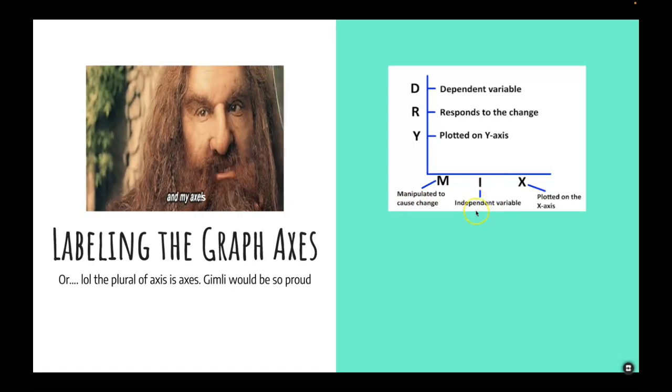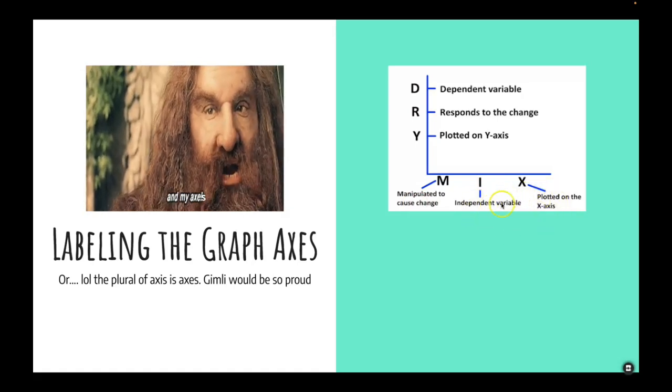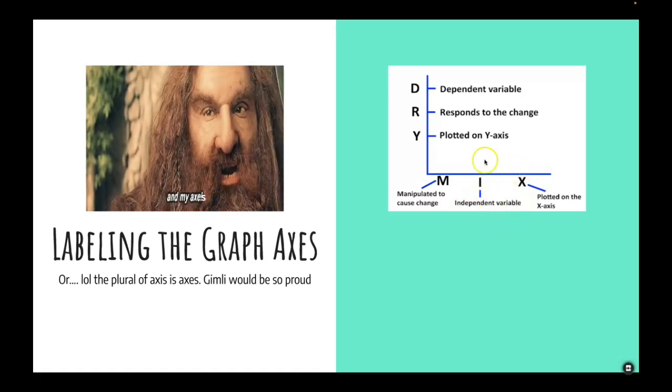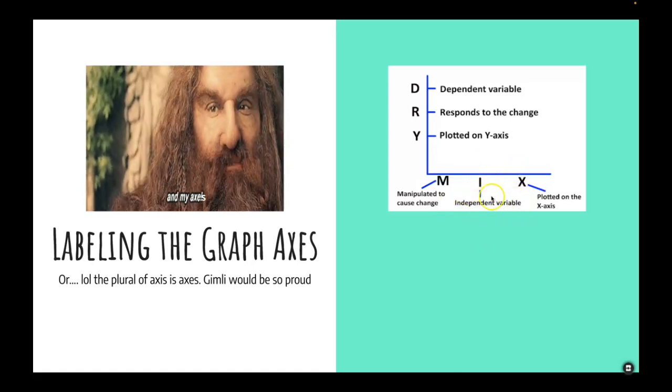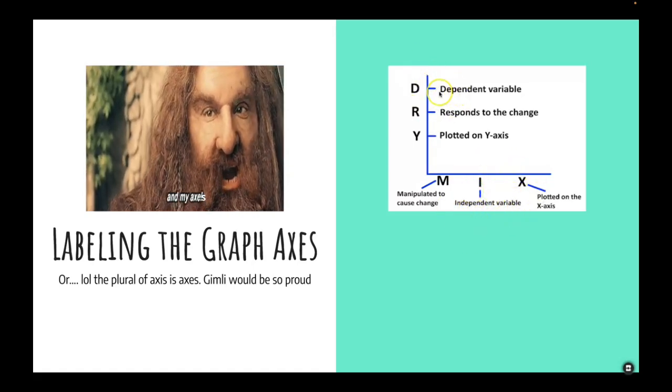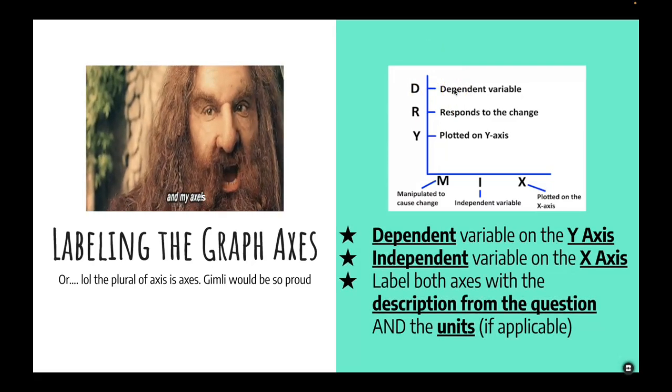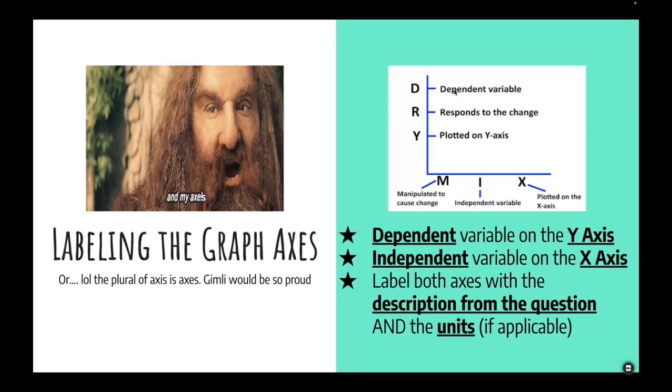Your I is your independent variable, and remember that's always going to be on the X-axis. So remember your independent variable is what you're changing. So you want to see if this variable is going to cause an effect on the dependent variable. All right, and here's a summary of that. And again, always remember to label your units.